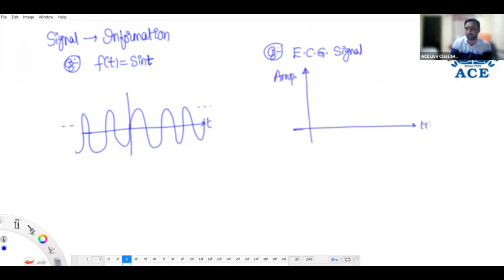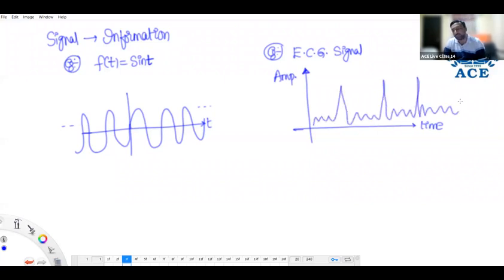On the y-axis, we check the amplitude of the heartbeat as time progresses. Roughly, we observe a graph something like this. When you see this ECG signal graph, it is random for us. We don't understand anything from it. Why? We are not doctors. Only a doctor will recognize that waveform, whether the particular person is healthy or not. So wherever randomness is there, automatically the information content also increases.